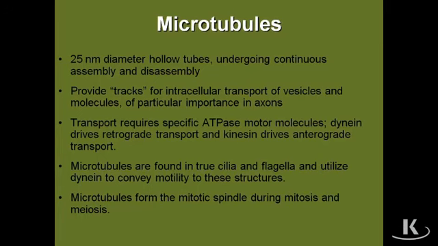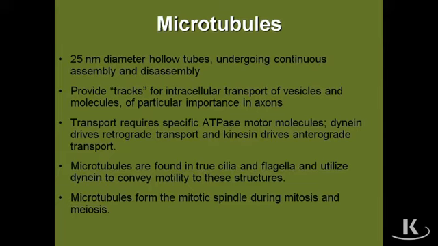Finally, microtubules. Microtubules are in essence hollow tubes. They are the largest of the cytoskeletal elements, and like microfilaments, they undergo continuous assembly and disassembly because one of their functions is intracellular transport of vesicles and molecules.